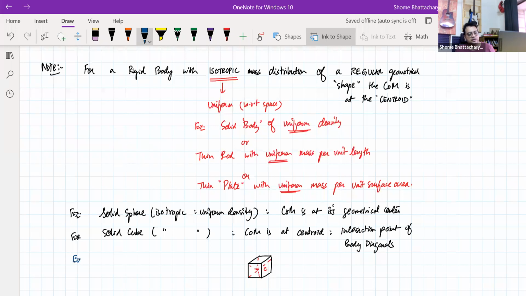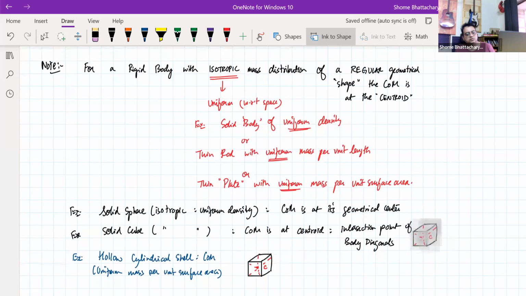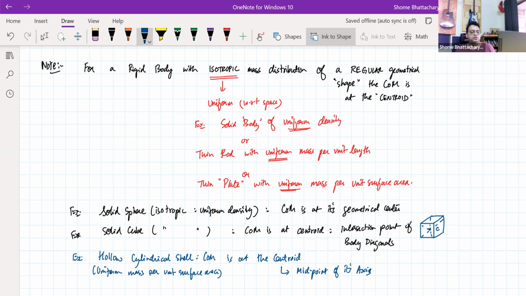So for example, if we have a hollow cylindrical shell with uniform mass per unit surface area, then once again its center of mass is at the centroid, which in the case of a cylinder will be the midpoint of its axis. So this kind of situation.